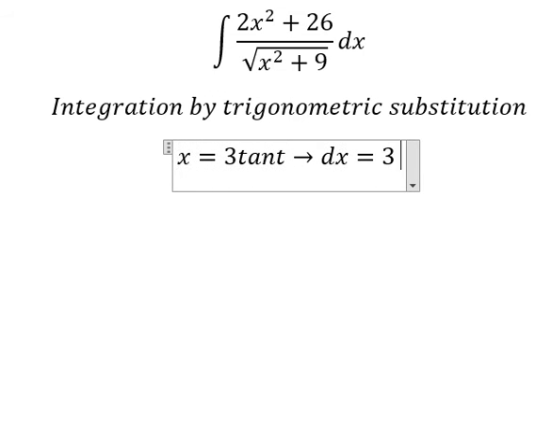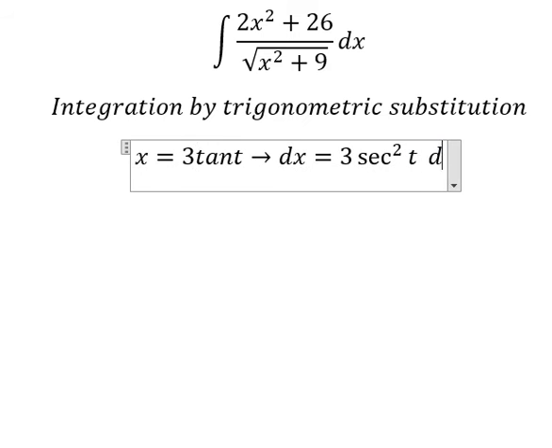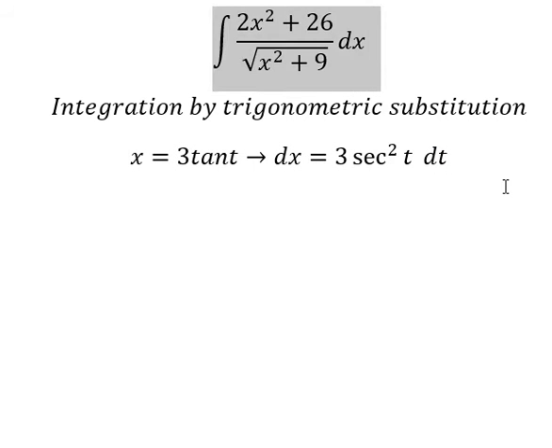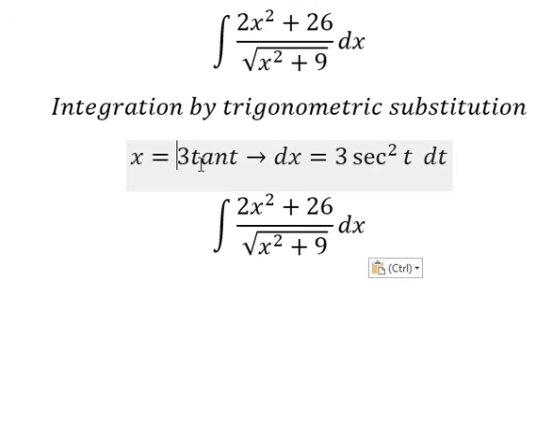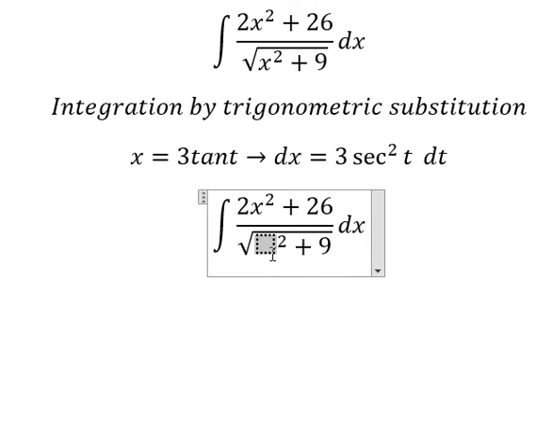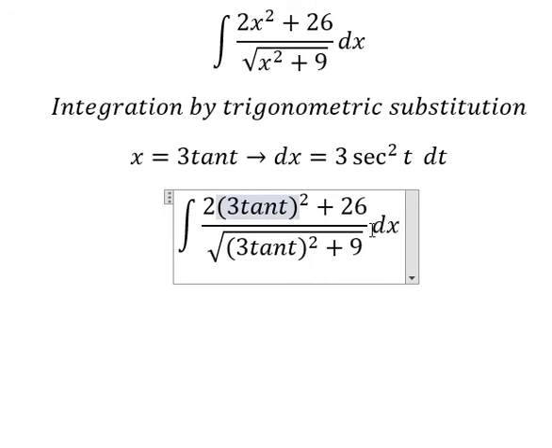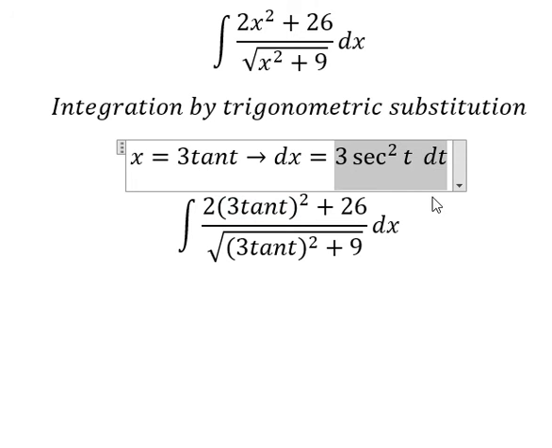ds, you get 3 secant squared t dt. The first derivative of tan t gives secant squared t. So we put this one in here and here. ds we change by this one.